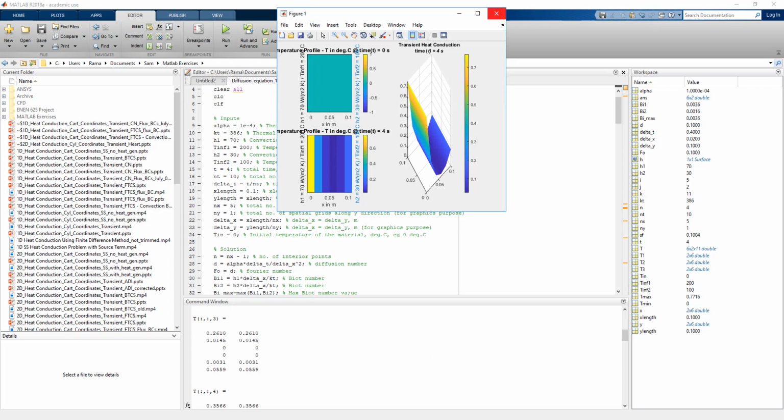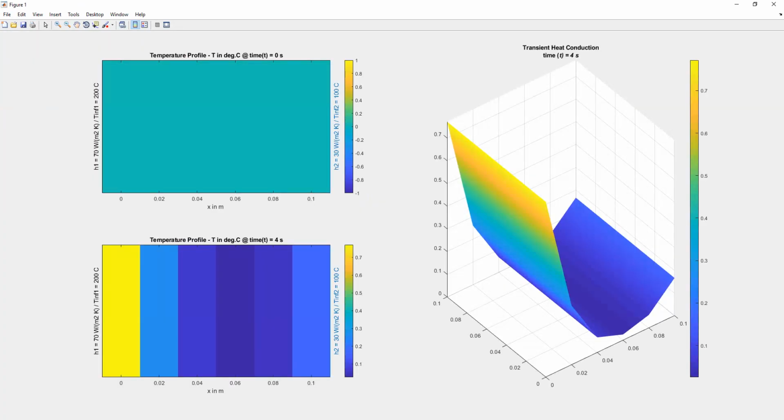So let's look at the graphs here. At the top left hand side we have the initial conditions. The whole domain is at 0 degrees Celsius. At the bottom left hand side we have the final temperature distribution when time equals 4 seconds.